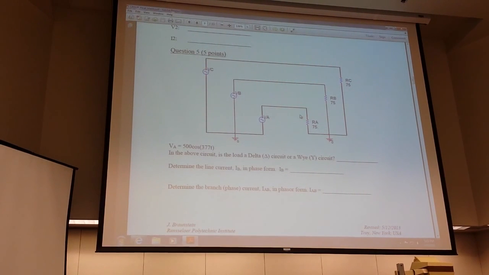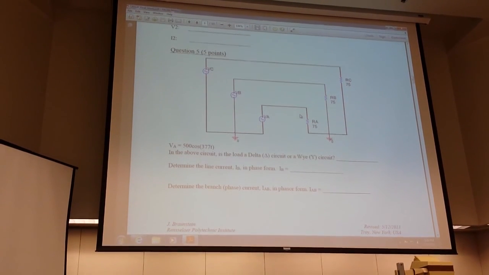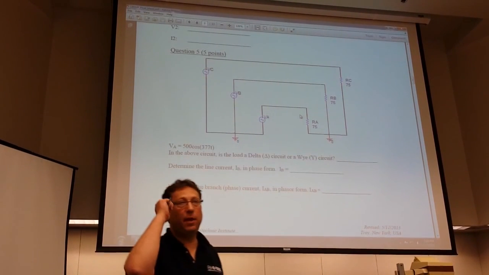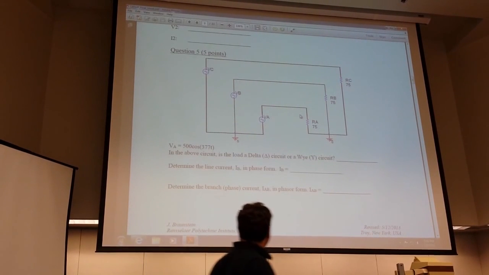Well, we just went over this. Is the above circuit a delta circuit or a Y circuit? It's all Y. So VA is given. Find IB in phasor form. Using the same thing we've done before, what's VB in phasor form? 500 angle minus 120, using our convention.